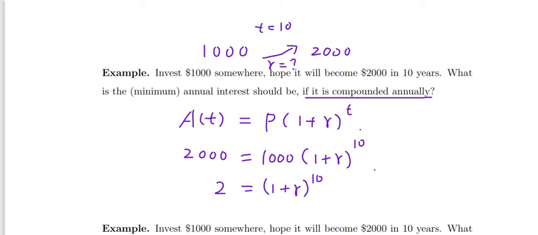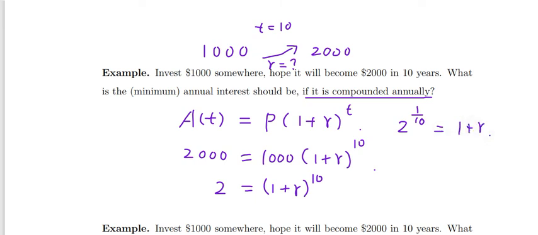So how can we solve for r? How can we solve this equation? We say, change this 10 to 1. How can we change this 10 to 1? We just take the 1 over 10th power. So we get 2 to the power 1/10 equals 1 + r.